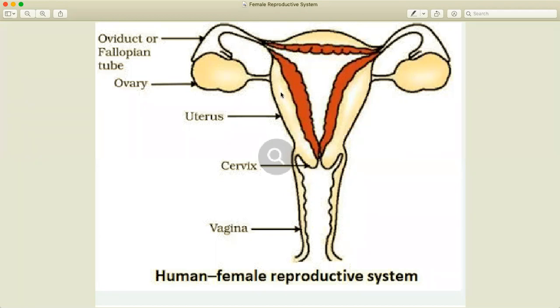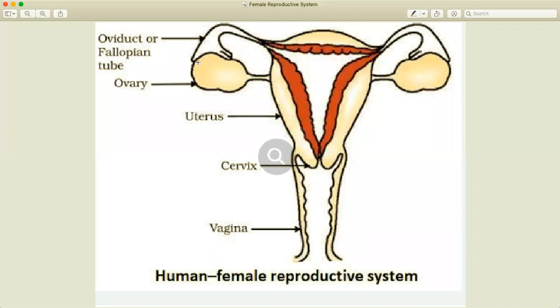Now, one more important thing is that at the time of birth, the ovary has numerous small immature eggs, but they are non-functional. When the body growth is complete and the human body reaches the age of puberty, that is around 15, 16 years, or it may start earlier, the onset of puberty may be from 13 years of age also.